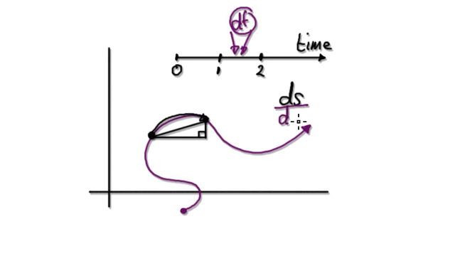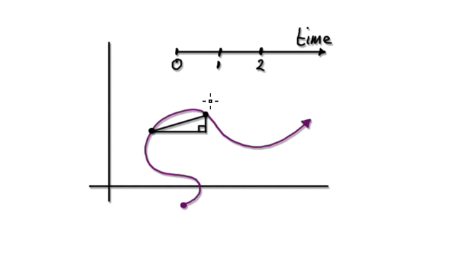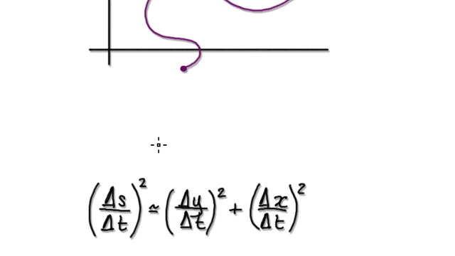Then this ds by dt represents the actual distance covered in the amount of time, the actual speed of the particle going along the actual path. So you can actually make this statement.